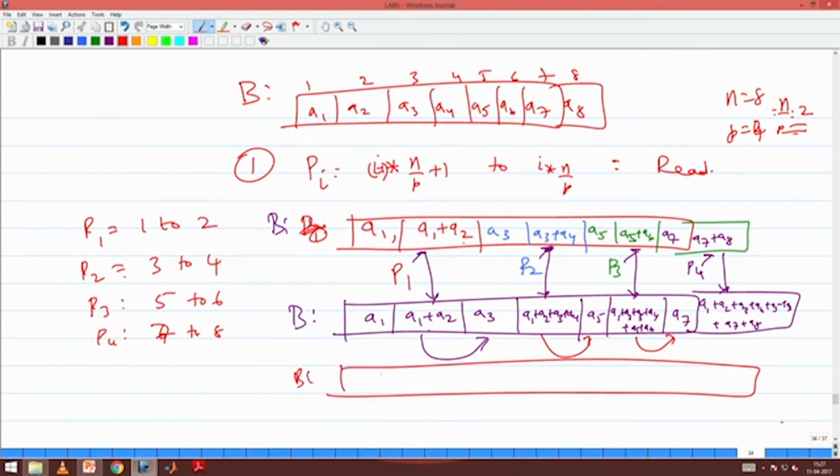So in B I will have A1, A1 plus A2, sigma till A3, sigma till A4, sigma till A5, sigma till A6, sigma till A7, and of course A8. At this point you can query any element. If I want B7, I can take it from there.